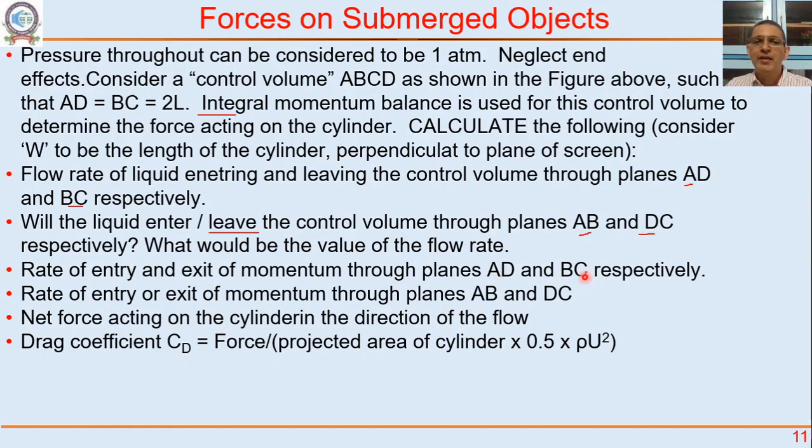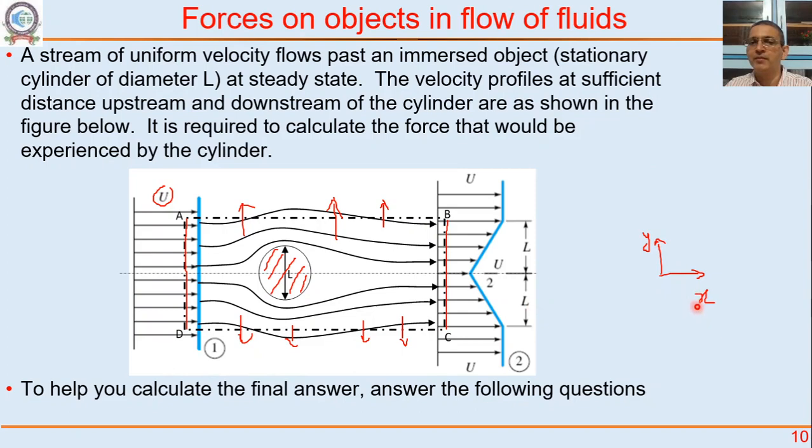and BC. Now in the X direction, momentum will leave because there is a net volumetric flow rate leaving through AB and DC. I would like you to write the rate of entry or exit of momentum through plane AB and DC, and we are talking about momentum in the X direction.